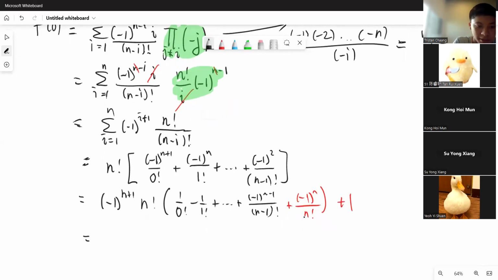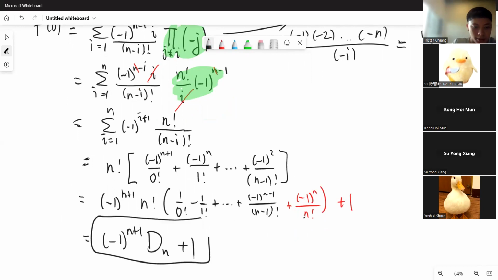So that would be (-1)^(n+1) d_n, which is a derangement for n+1. Or if you remember what I used last time, it's also the same as (-1)^(n+1) times the rounded function of n factorial over e, plus 1.